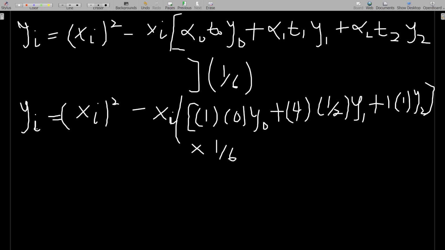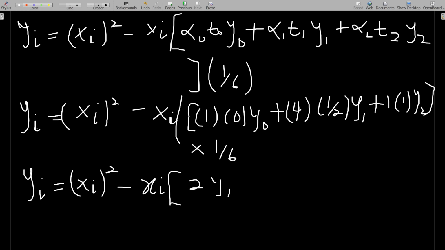So this means that my yi is equal to xi squared minus xi into 0 times that, I get 0. So I have 4 times half, and that will give me 2y1, plus y2, times 1 over 6.